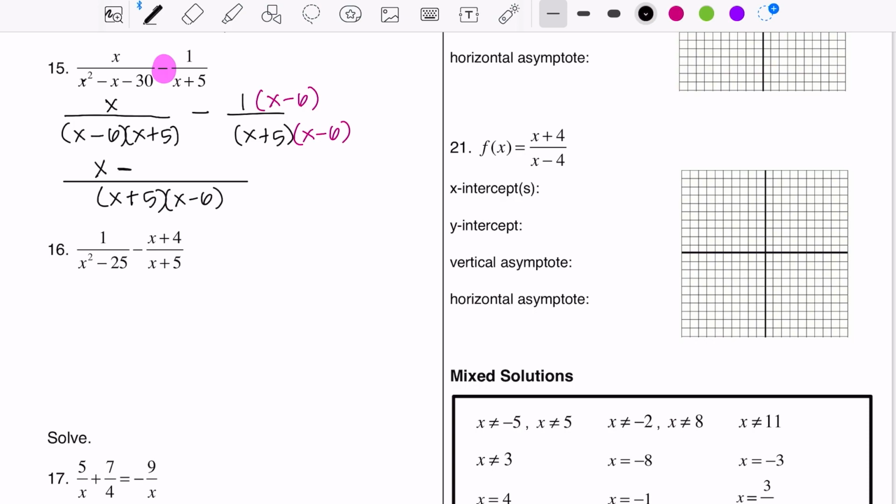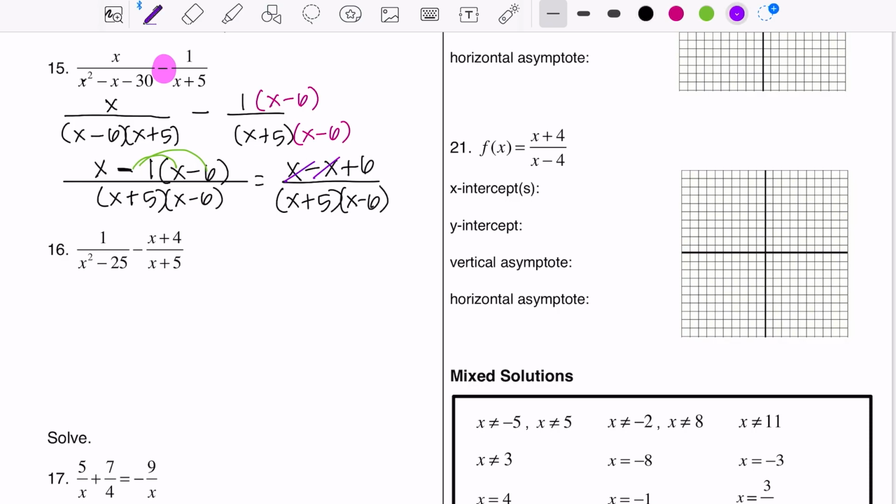And I have x minus 1 times x minus 6. And I just want to be really careful about rainbowing that. So I get x minus x plus 6 all over x plus 5 times x minus 6.